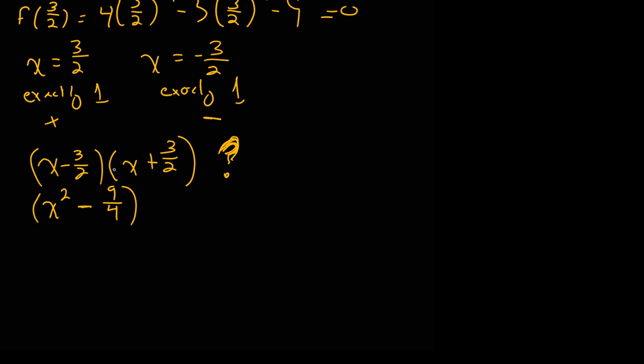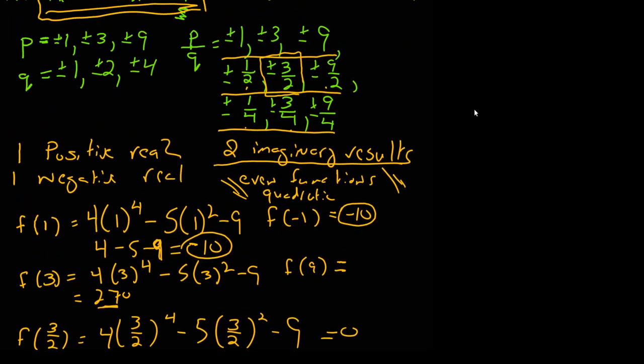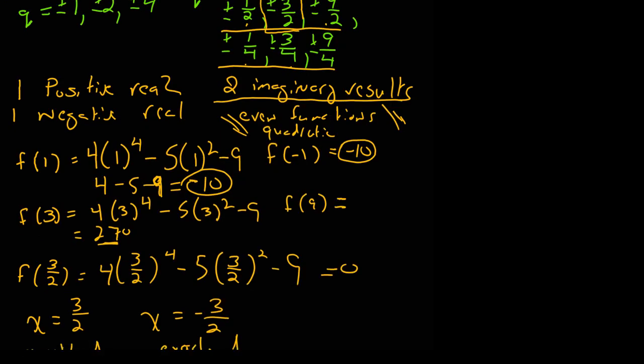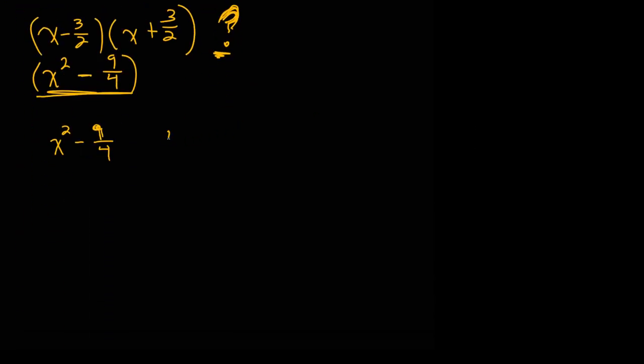If I have 3 things multiplied together to get a big thing, and I want to find that third thing, I'm going to want to divide. And this is what I'm going to divide by. This is messy, but it gets us where we need to go. So 4x to the 4th minus 5x squared minus 9. That's what I need to do my division by.